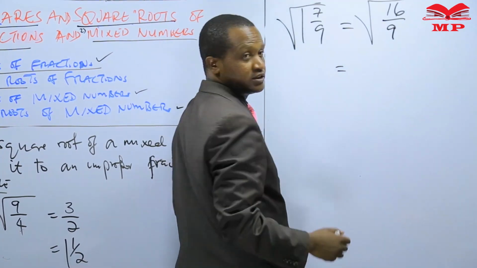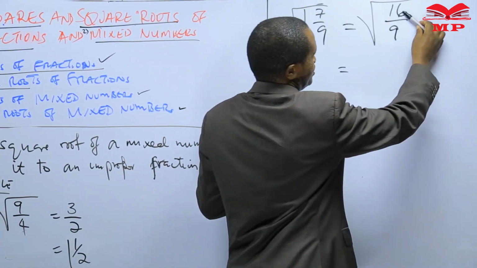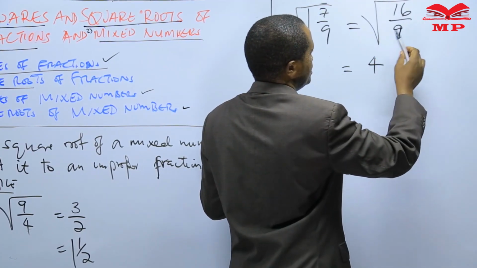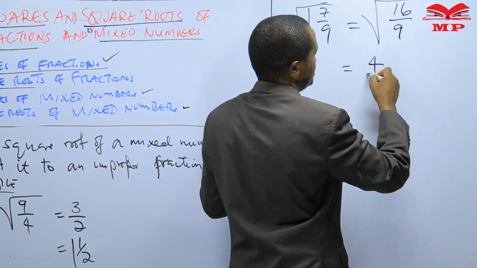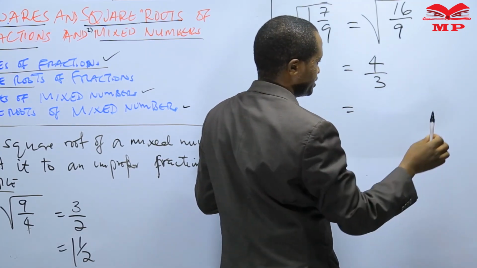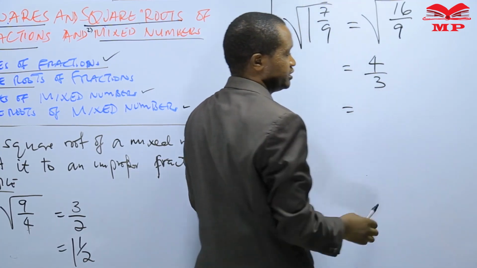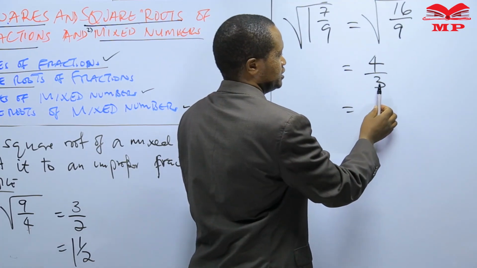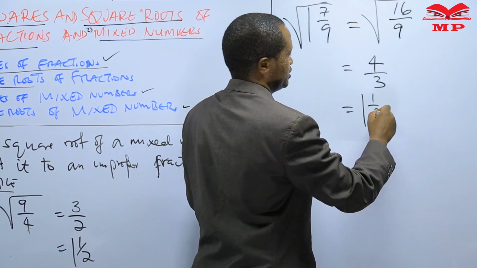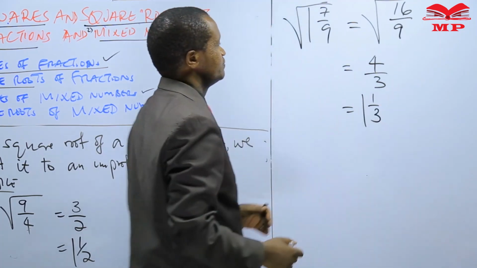Then get the square root of the numerator. The square root of 16 is 4. The square root of 9 is 3. Then convert this improper fraction to a mixed number. 4 over 3, 3 goes into 4 once, remainder 1 over 3.